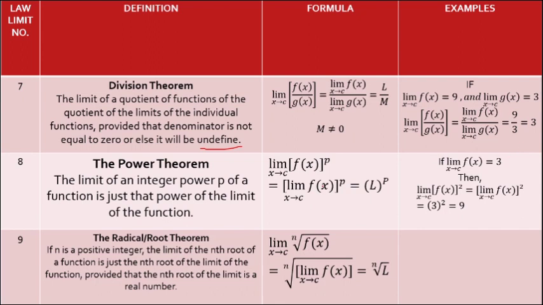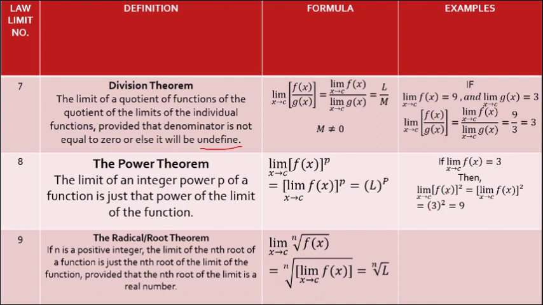For the power theorem, the overall result is L raised to the p power. Let's say this is the function, and let the limit of the function be equal to 3. It becomes 3 squared, so 3 times 3 is 9.